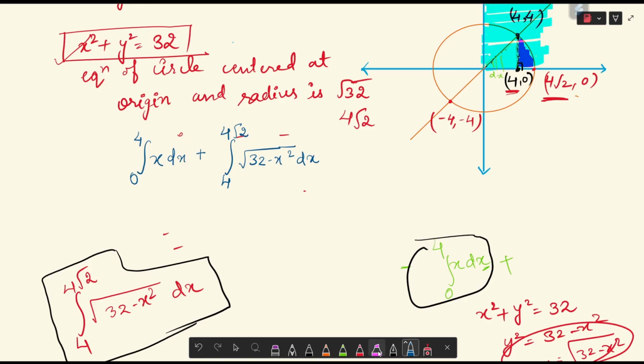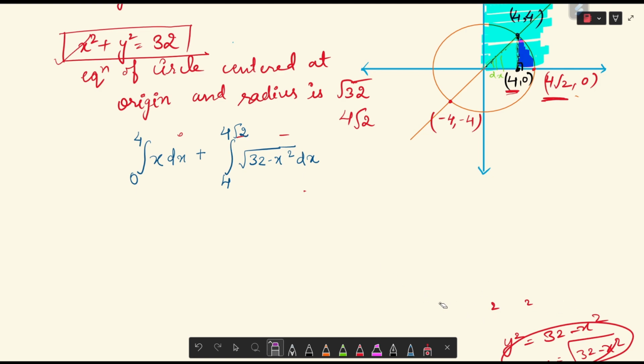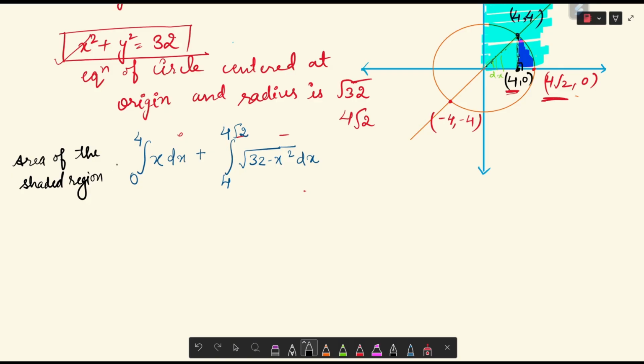Okay. So we need to integrate this. So what we'll write is, area of the shaded region is this one.